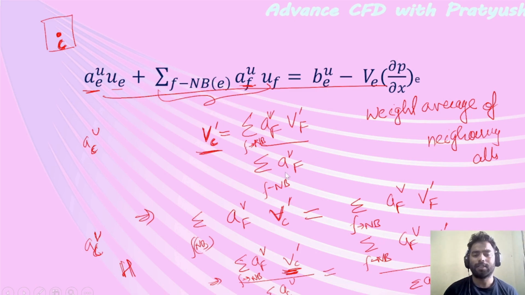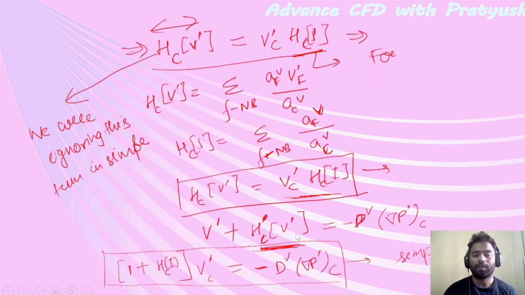Okay, so these are the steps we started with, and we can write this equation in this form. Further, we derived the same equation in the form of the H operator. So this is the H operator. With these three important equations that we have modified in simplex, let's go to the derivation from the OpenFOAM perspective.